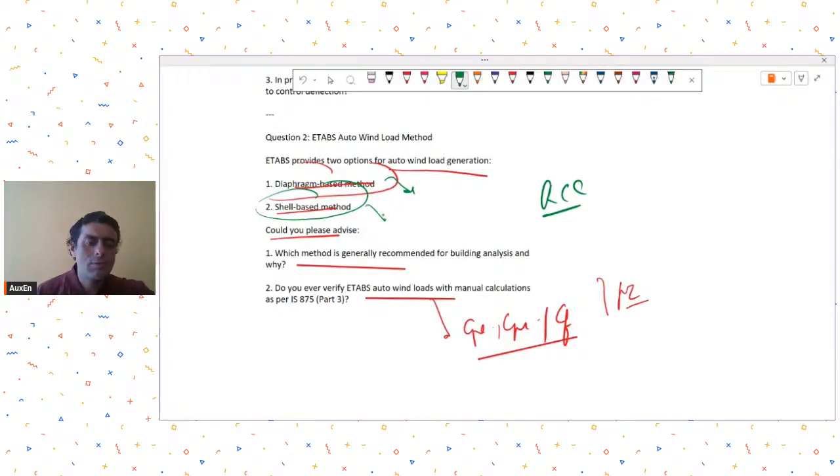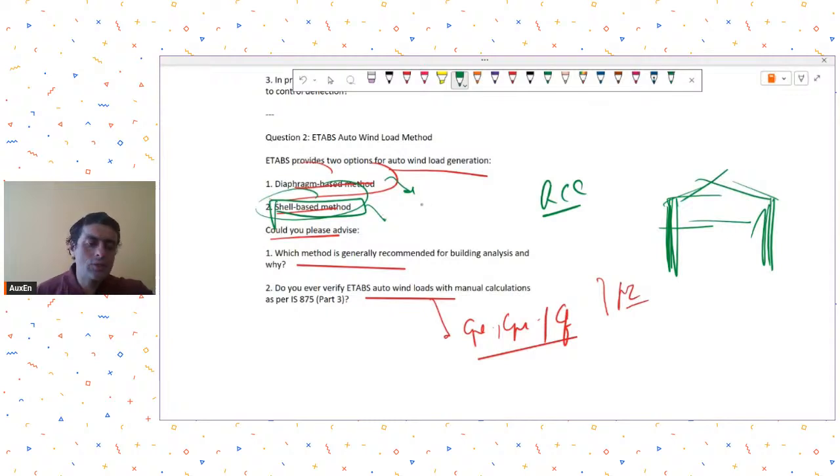Both will give you similar results. But if you have, let's say, a steel structure without a slab, or an industrial shed like structure, again without any slabs, or if these are the types of structures you have, it is better to go for the shell based method where you model a shell on the elevation and apply the loads.